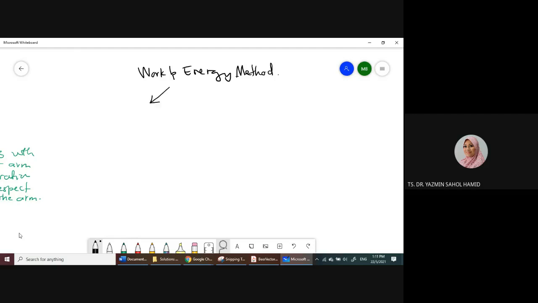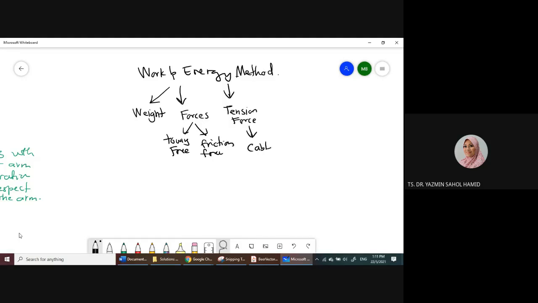They can consist of weight, many types of forces, such as towing force and friction force. They can have tension force coming from cables, and also force due to spring stiffness.